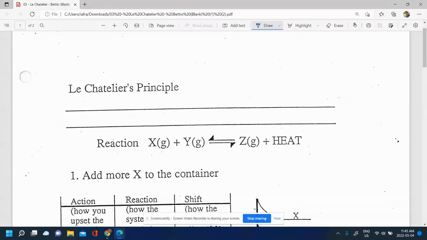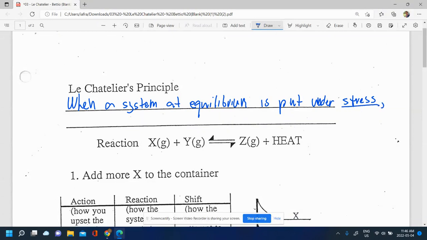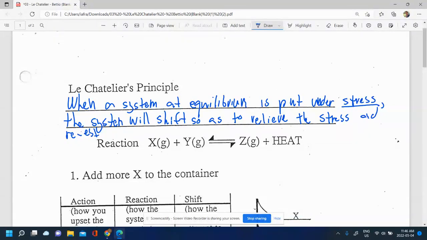Essentially what it means is when a system at equilibrium is put under stress, the system will shift so as to relieve the stress and reestablish equilibrium.